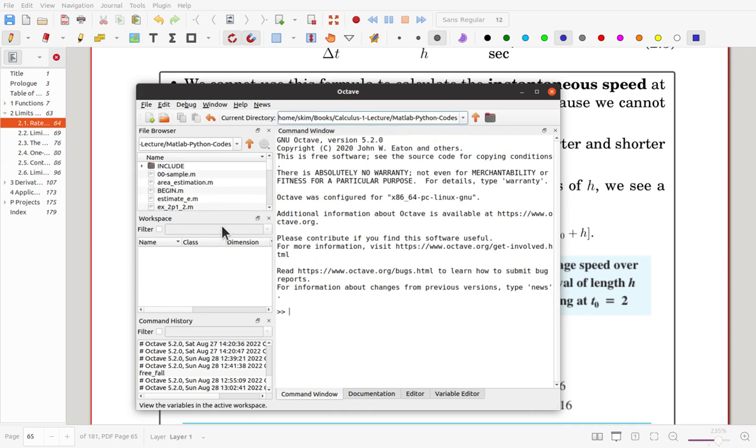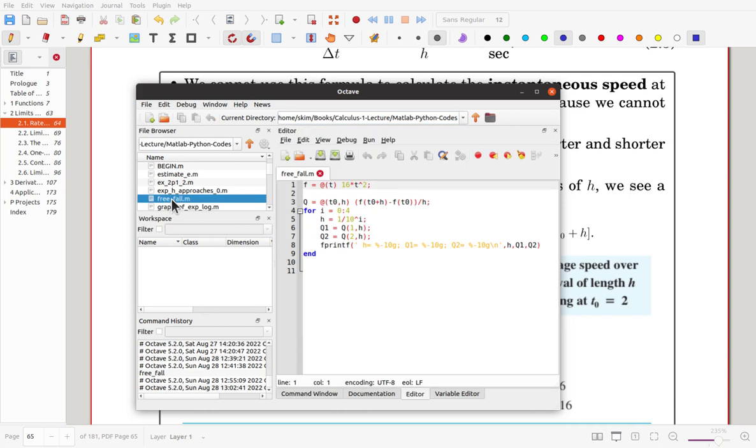In this directory, I saved a file called freefall.m. Now f of t is defined as 16t squared, and the quotient is defined with two variables, f at t0 plus h minus f at t0, divided by h.